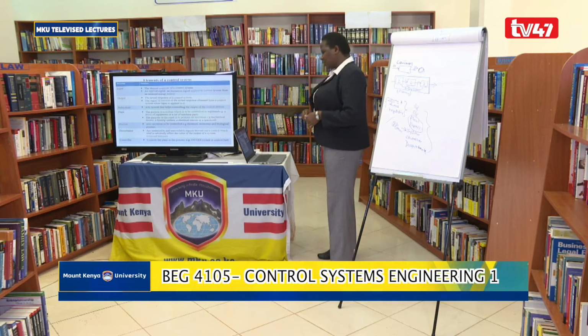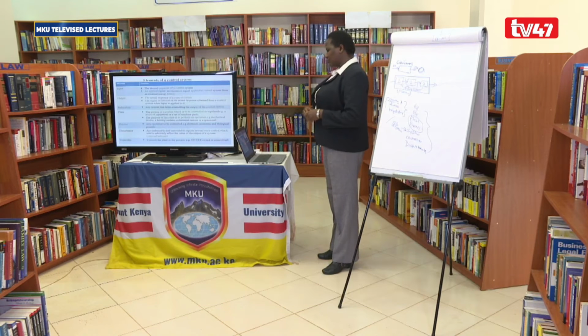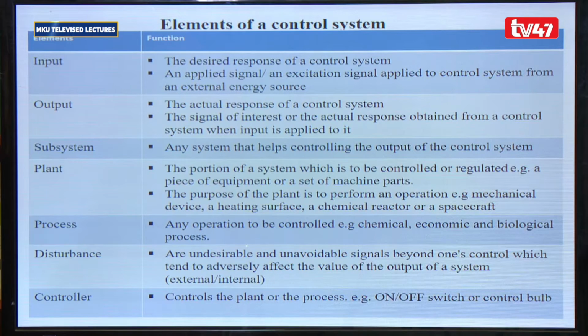For example, the input is the desired response of a control system. It is the applied signal or an excitation signal applied to a control system from an external energy source. And output is the actual response of a control system. When you input a signal, you expect to get an output.